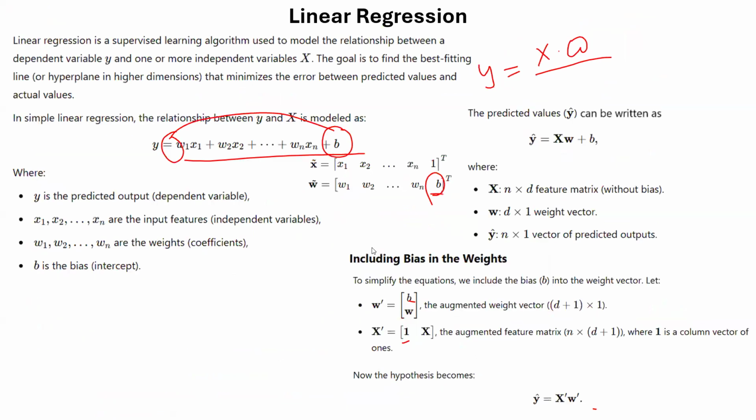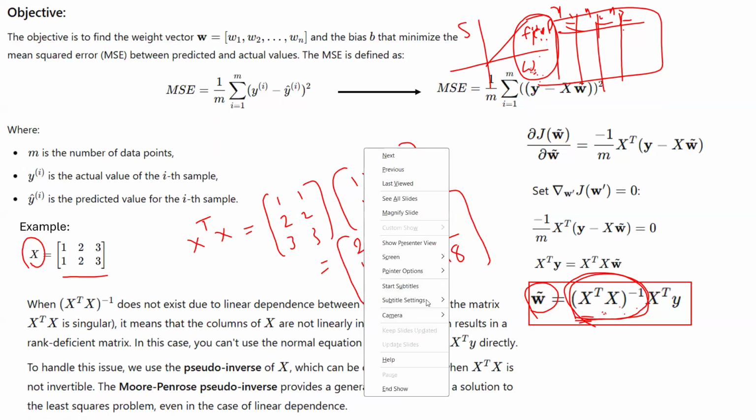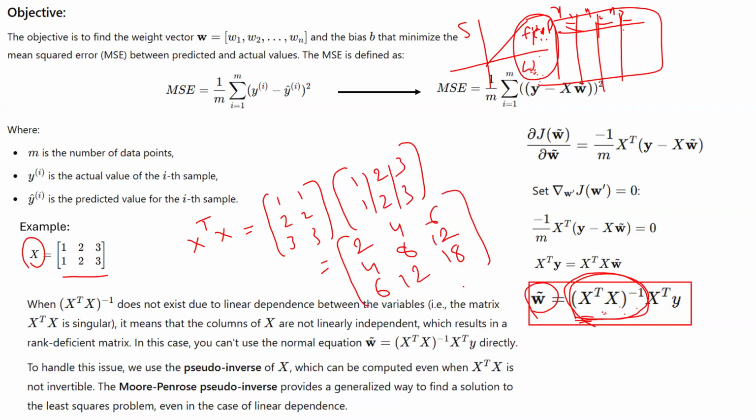If I multiply the first row with 2, this comes as 4, 8, 12. So 2 into 2 is 4, 4 to 8, 6 to 12. And the second row is also 4, 8, 12. And the third row is equal to 6, 12, 18.